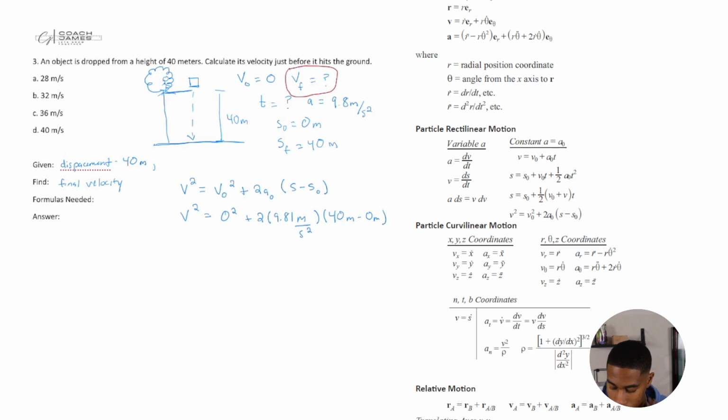Okay. For my V final, I get 28.01 meters per second.